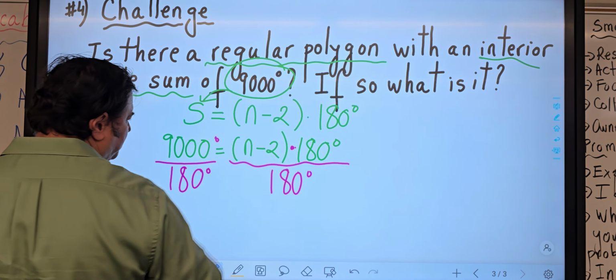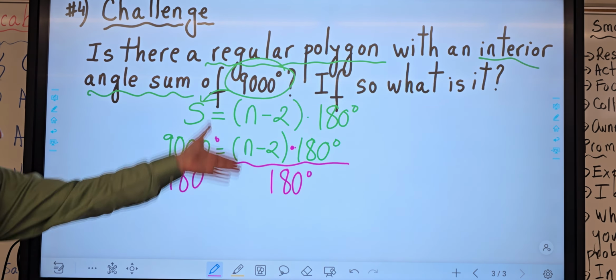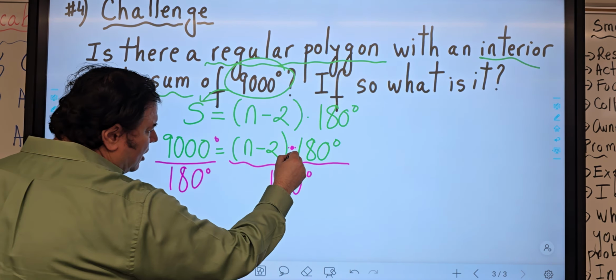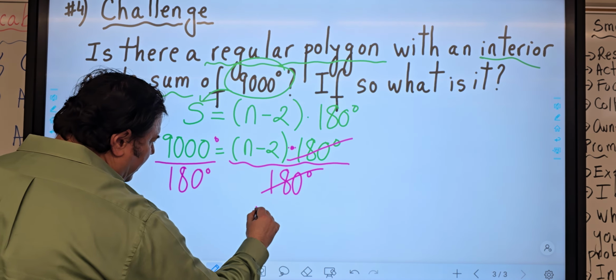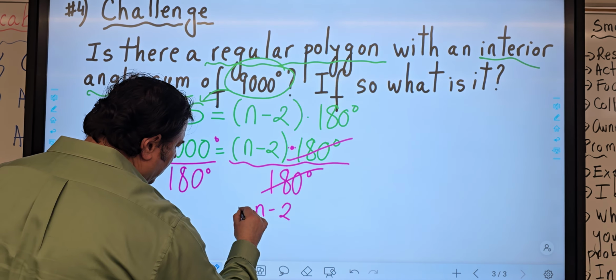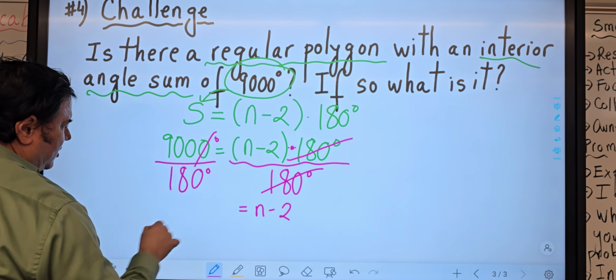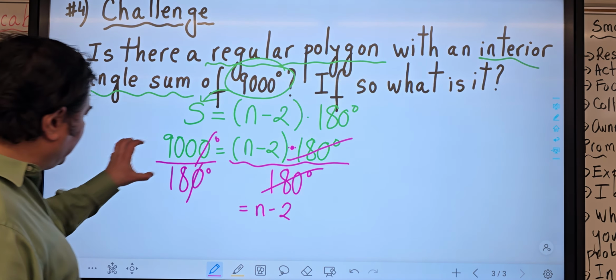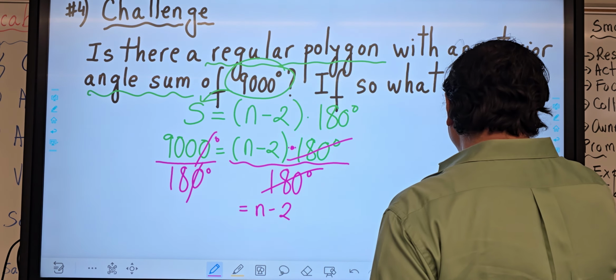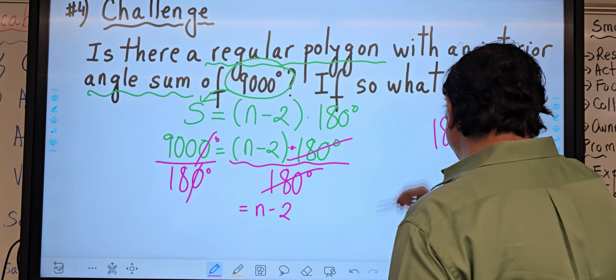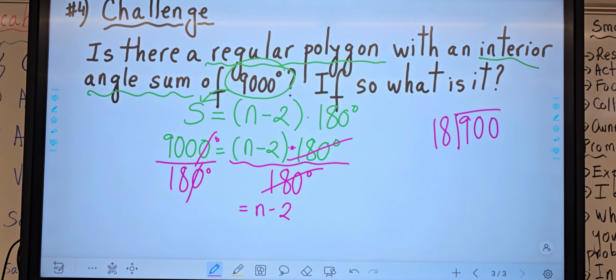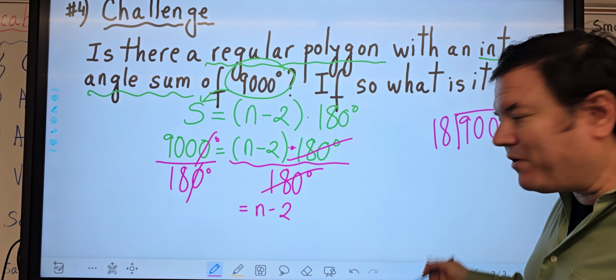Now here is going to simplify because we have a product, 180 and 180 cancels out, and we are left over with n minus 2 equals, we can cross out a 0 and a 0. Let's divide 900 by 18. 18 goes into 90, actually 5 times, right?